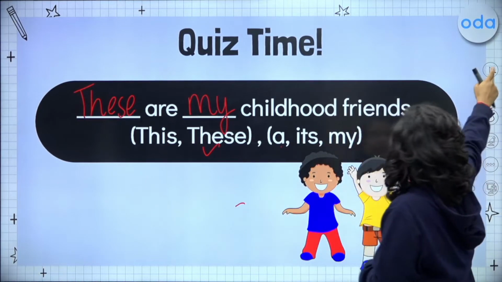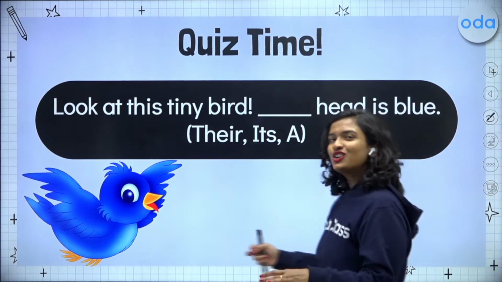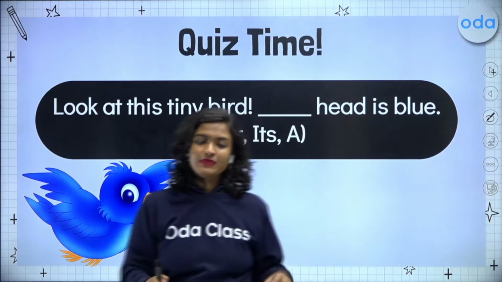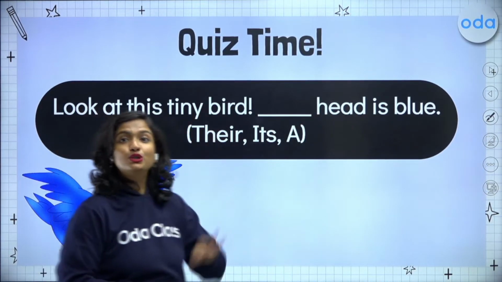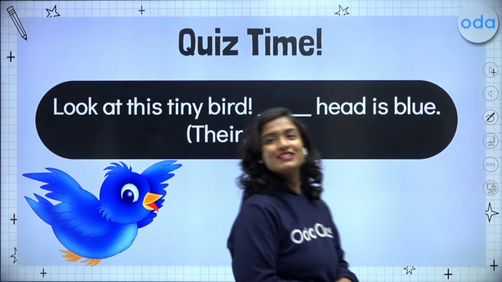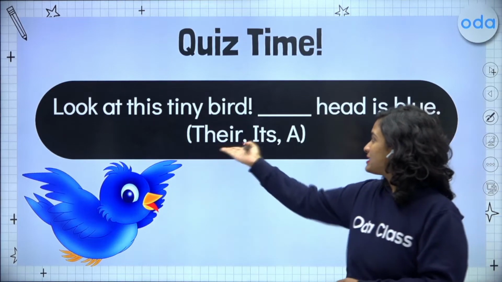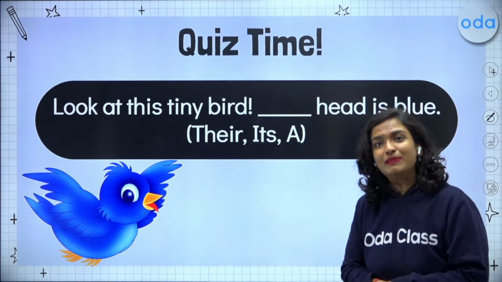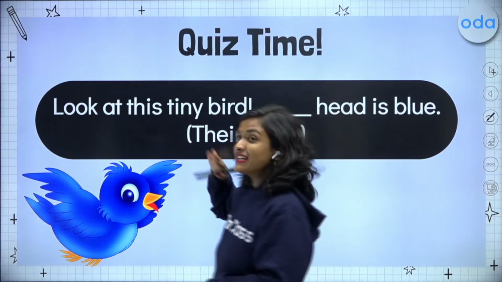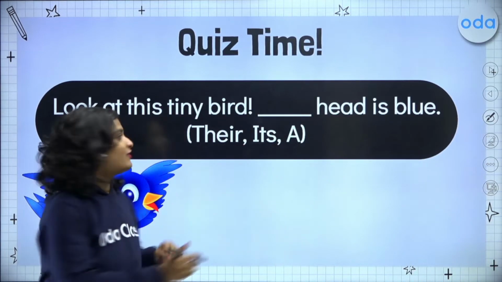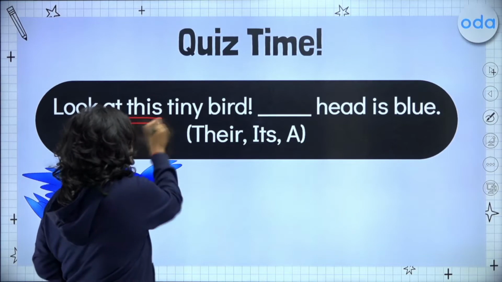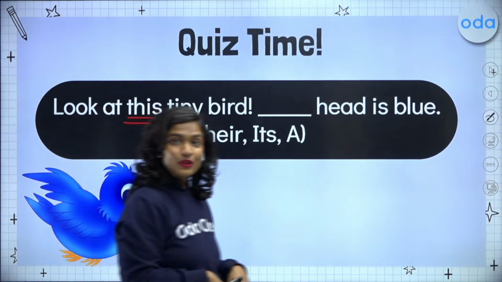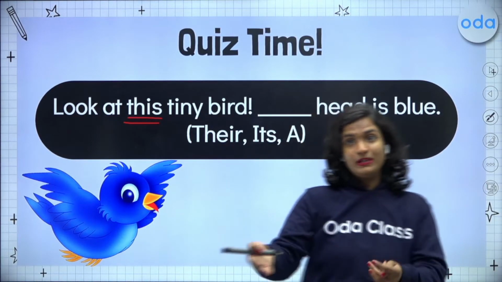Now, what about this next question, students? Look at this tiny bird. Blank head is blue. What do you think, students? Which of these three determiners should I use in this blank? Look at this tiny bird. First of all, also notice this other determiner, right? This, when you say look, right, it's completely near you.